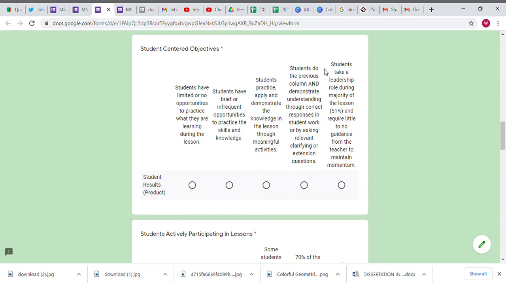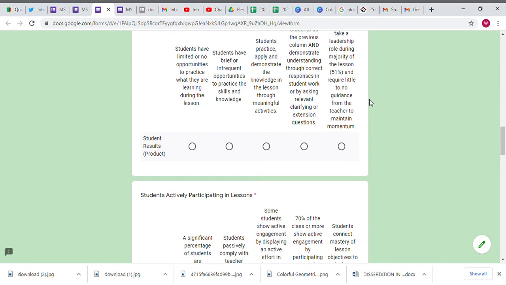It takes a lot of work, but students take leadership roles during the majority of the lesson, 51% of the time, and require little to no guidance from their teacher to maintain momentum. As I said, this is a growth goal. So if you're not quite hitting this number 5, it's okay. It's a target for us to go to.